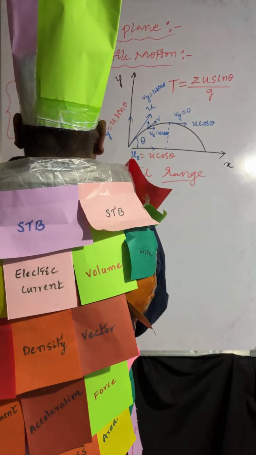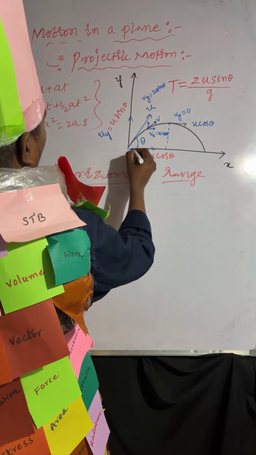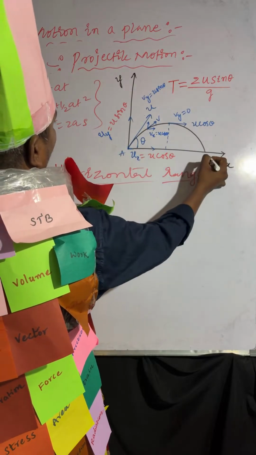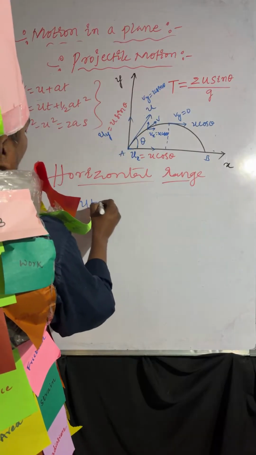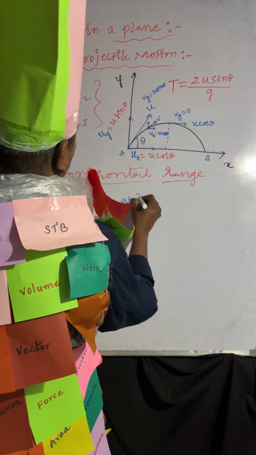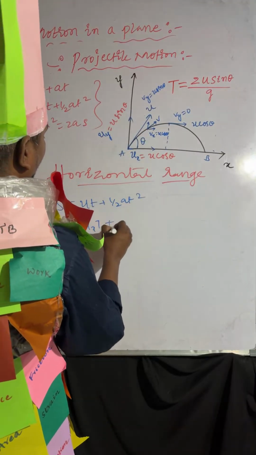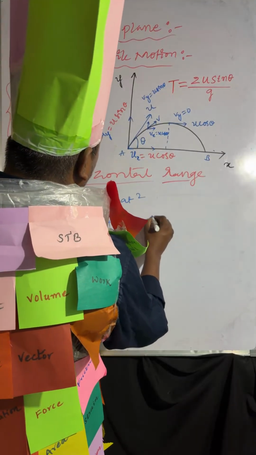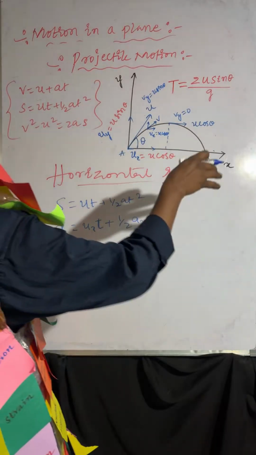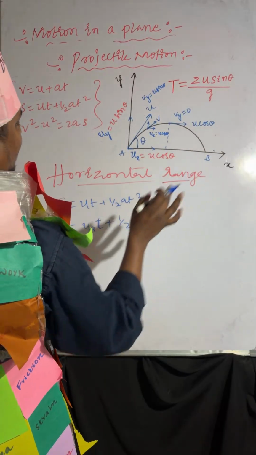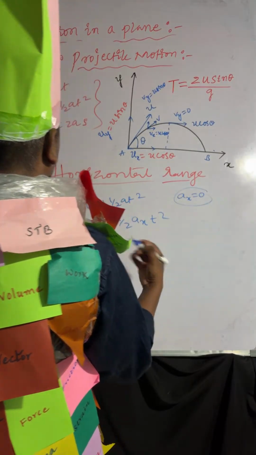That is, the body, this is the point of projection A and it is the point of striking the ground. So s equal to ut plus half at square. Here you can observe x equal to ux t plus half ax t square. So let it be T. Along the horizontal direction ax is 0, right? Because the velocity component is the same.